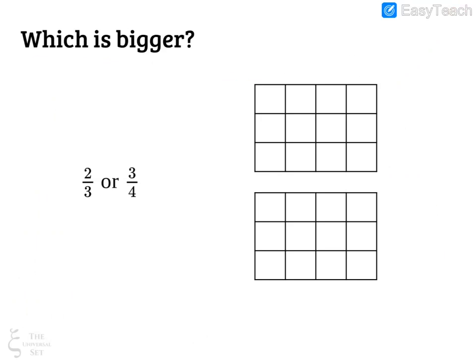This question is asking us which is bigger, 2/3 or 3/4? I've got a couple of grids here that are going to help me answer this question. Let's do like we did before and shade in some different colours. I'm going to shade 2/3 of this shape in blue.